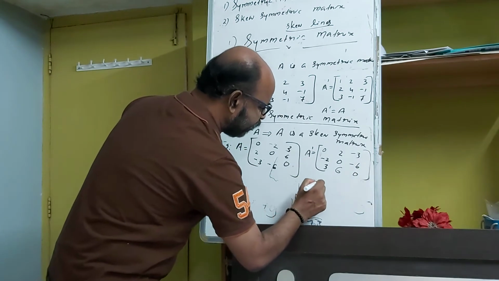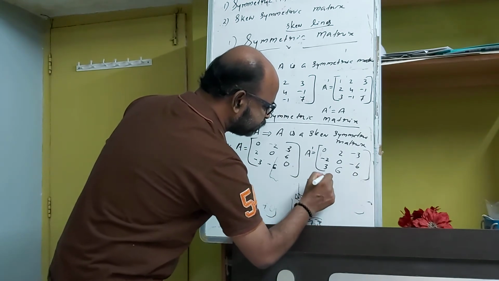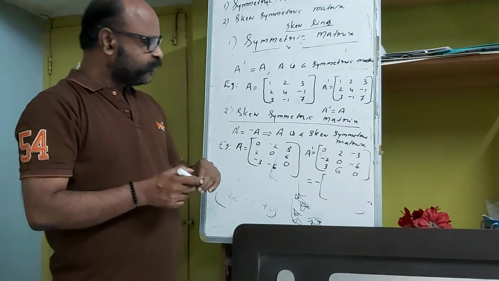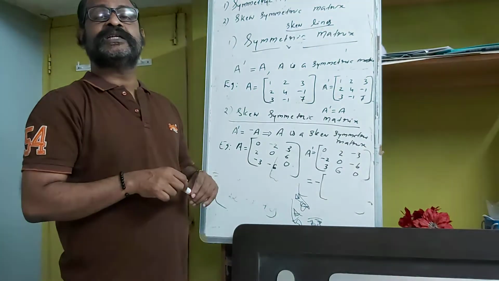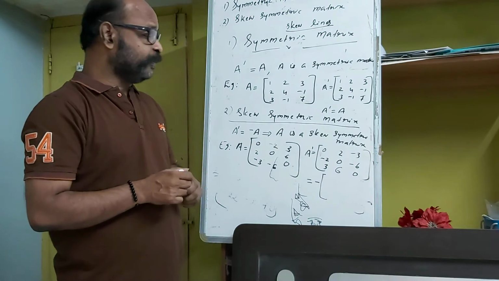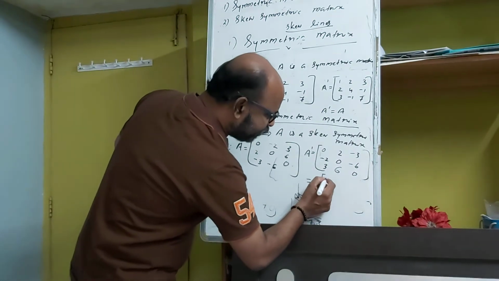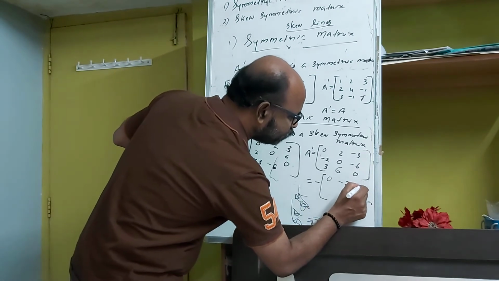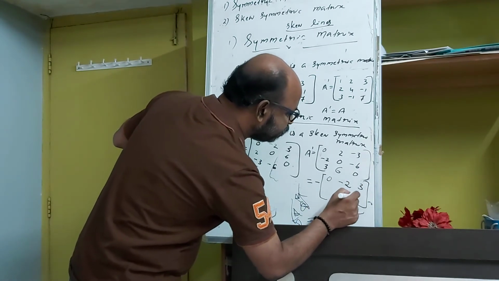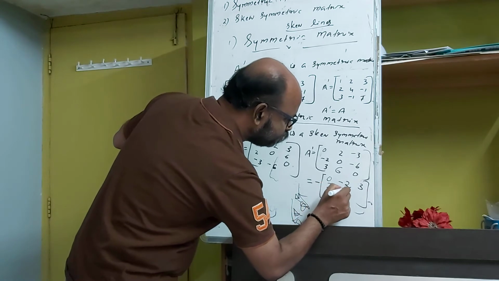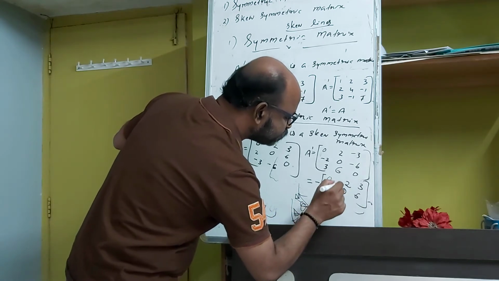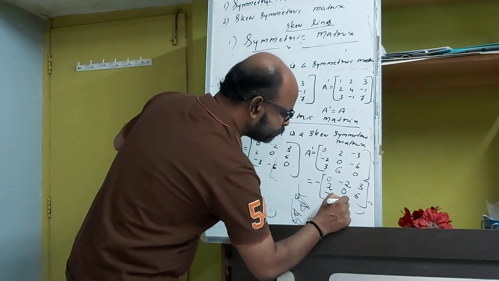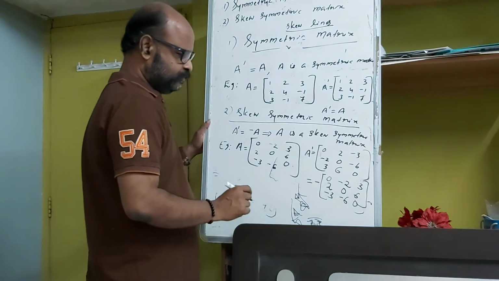Thereafter, take -1 out of the matrix, but taking it out of the matrix means the minus is to be taken from all the elements. So 0 with minus taken is 0 only. 2 becomes -2, -3 becomes 3, -2 becomes 2, 0, -6 becomes 6, 3 becomes -3, 6 becomes -6 and 0.